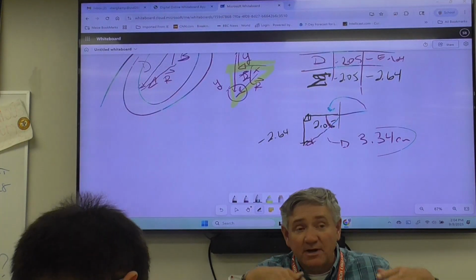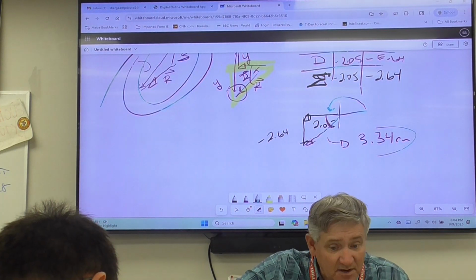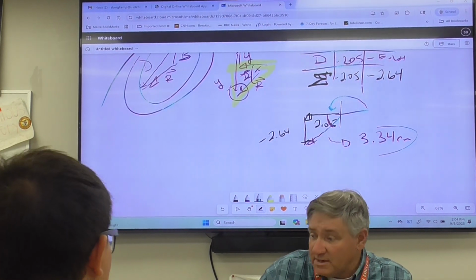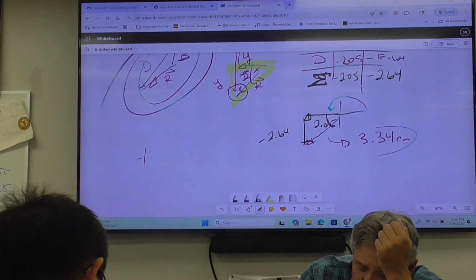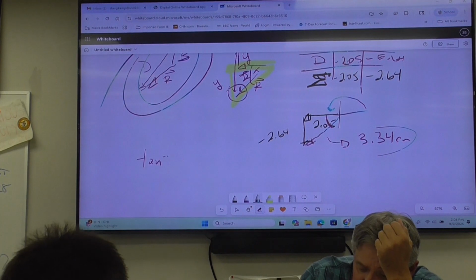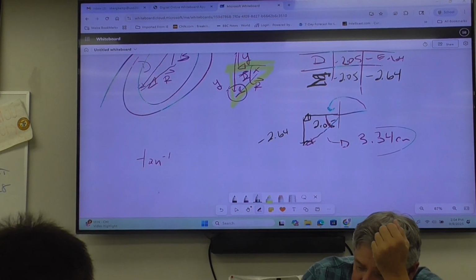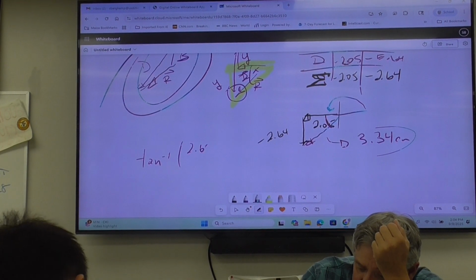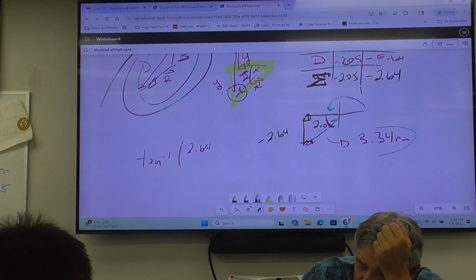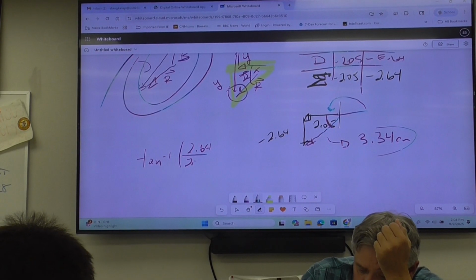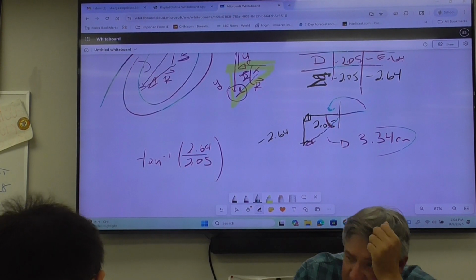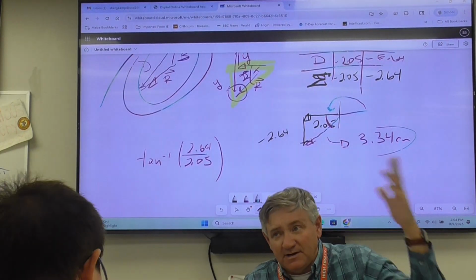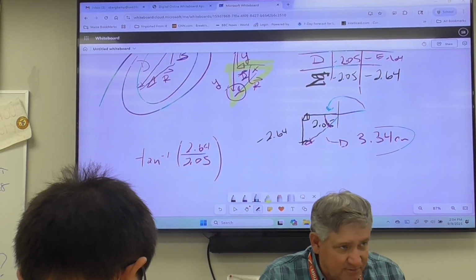By the way, if you don't know these steps, look on the sheet of lecture notes that I gave you all yesterday. It's there. So what I would recommend is the inverse tangent of your opposite, which is 2.64, over 2.05. Now, technically, those are both negatives, but it's going to work out to be positive values anyway.